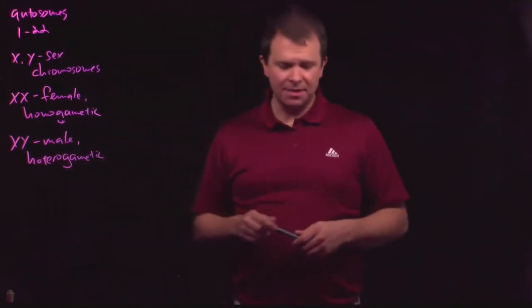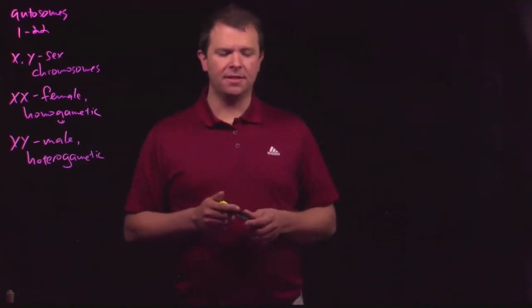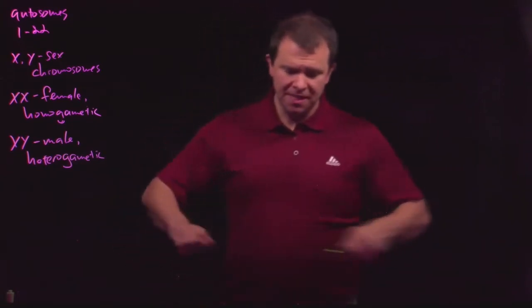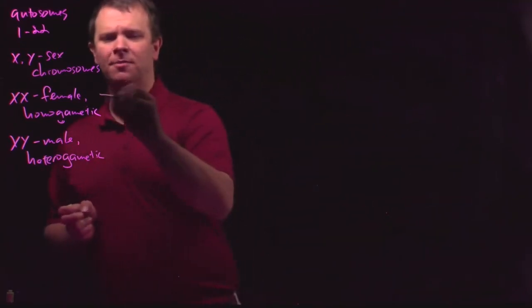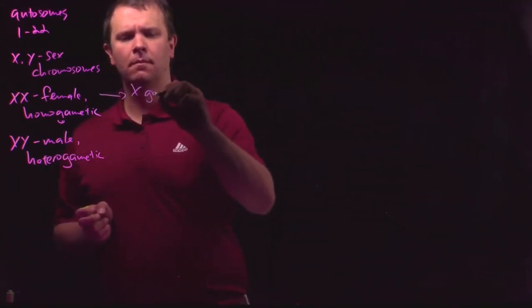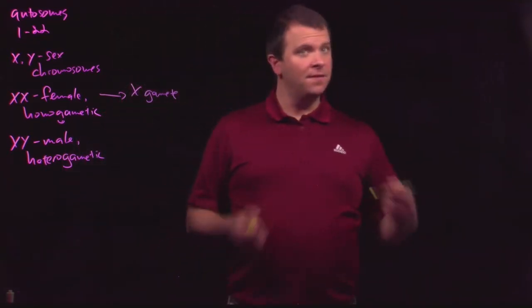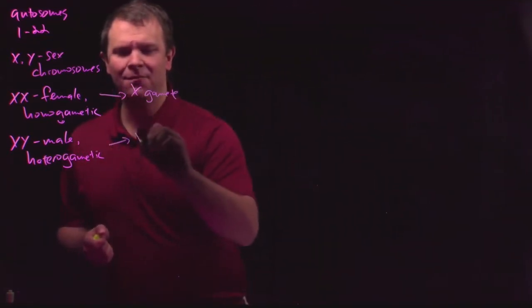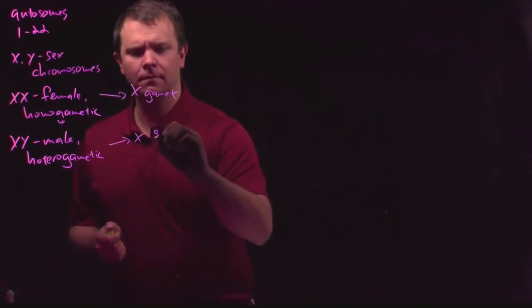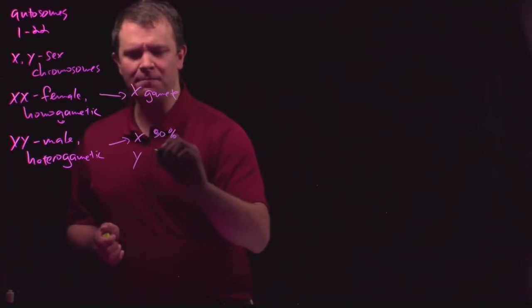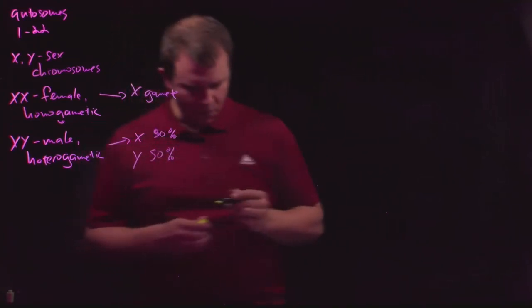What happens to these chromosomes during meiosis? Well, females always produce gametes with an X chromosome, while males produce 50% gametes with an X chromosome, and they produce 50% gametes with a Y chromosome.